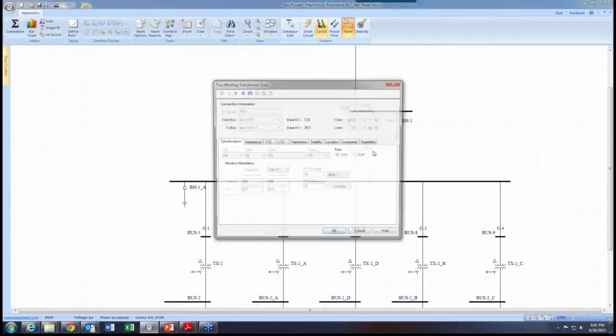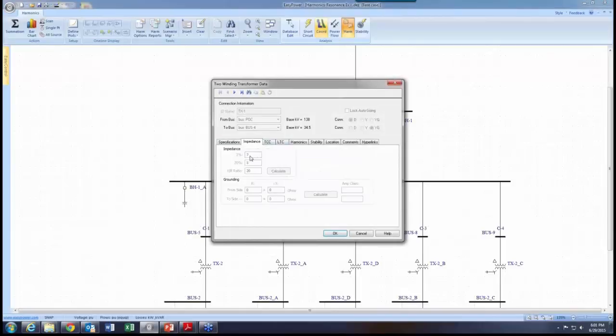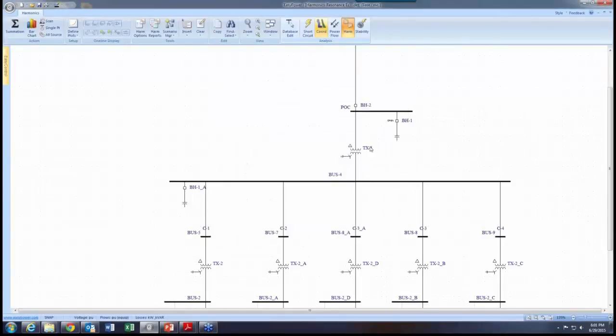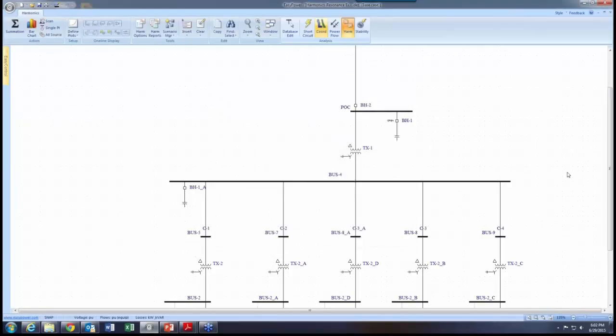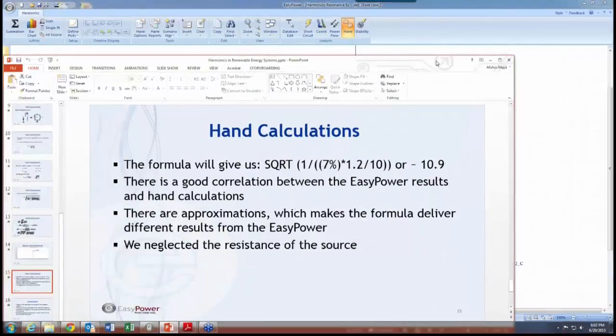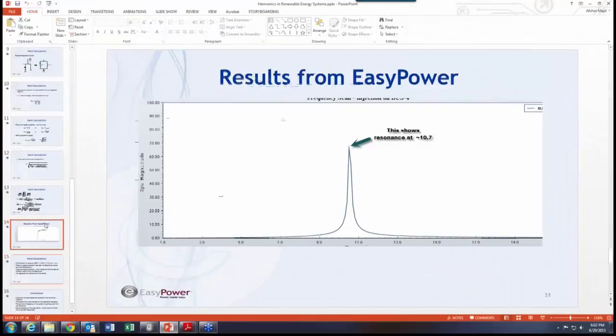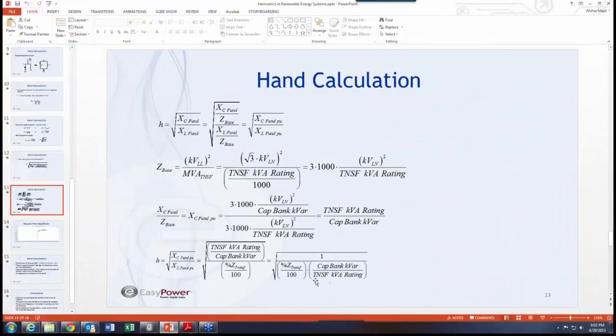Here, impedance, you see 7%, and 1.2 would have to be the size of the transformer. And let's just go back just to make sure where these formulas come from. Let's take a look here. Cap, so that was 7%, cap bank kVAR and transformer kVA rating.